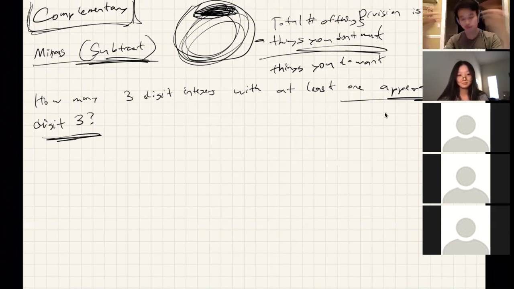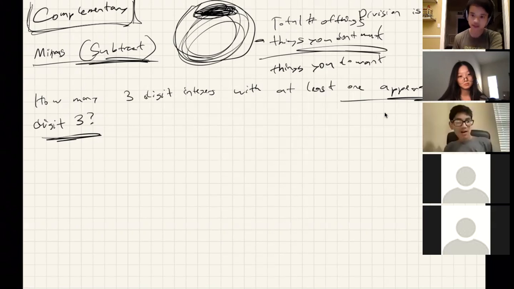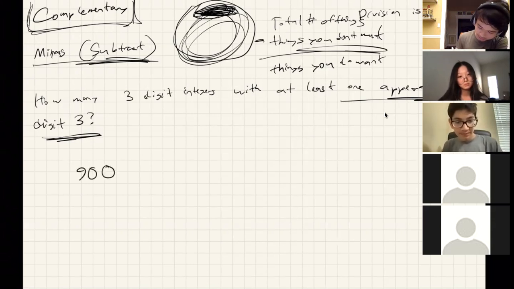You want to choose the total very carefully so that the things you don't want that are still in that total are easy to count. In this case, the total is pretty obvious. It's the total number of 3-digit integers, which is just 900. I'll leave that to you to verify.